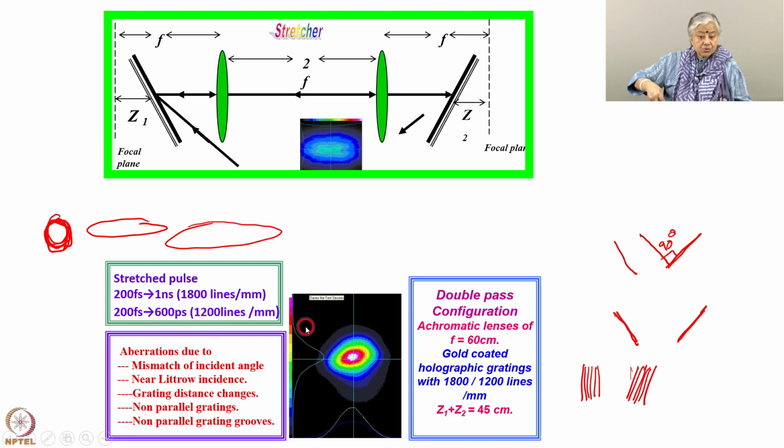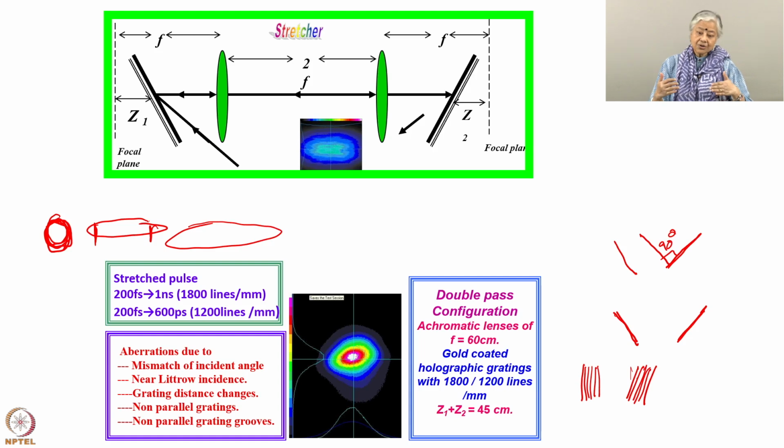So, if I reduce the number of lines per mm, I will be able to avoid the spectral clipping here, because it is not such a wide beam cross section in the spatial realm. But then I have to compromise on the pulse length.